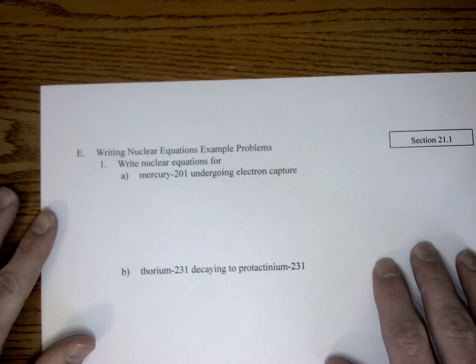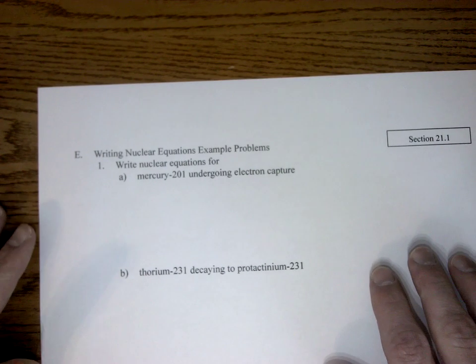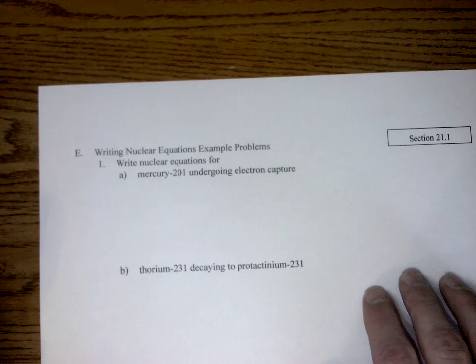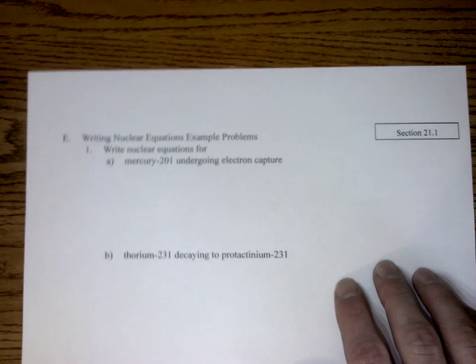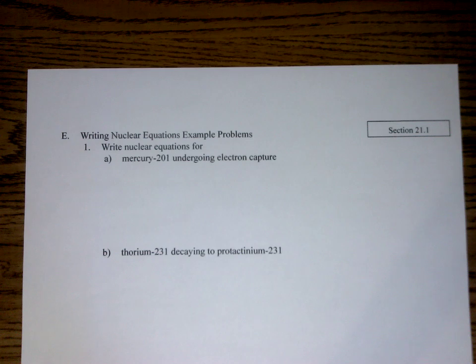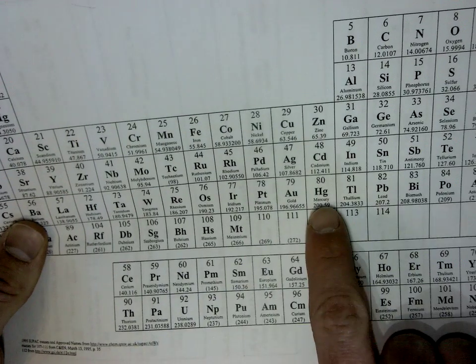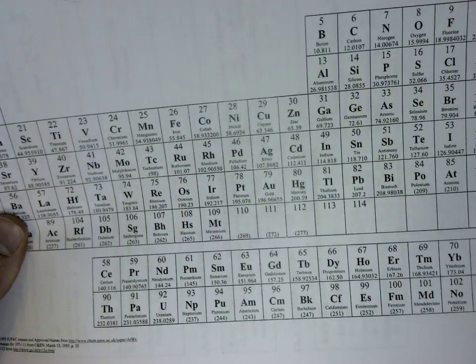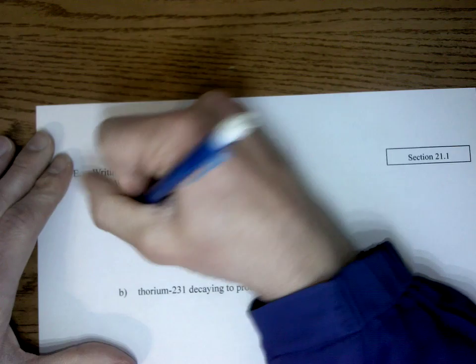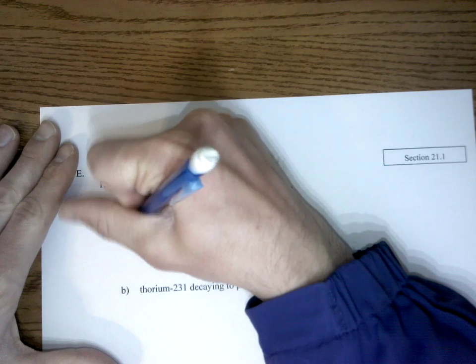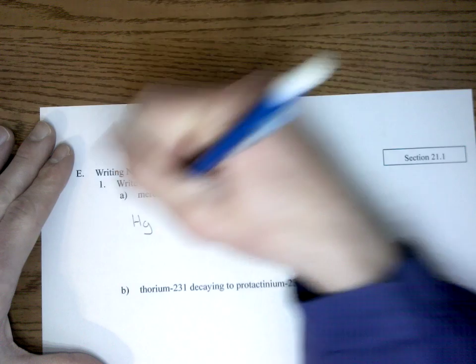All right, so we have mercury-201 undergoing electron capture. So we have to, again, identify the symbol for mercury. So mercury-201, we find mercury, and check it out. It has a symbol Hg and an atomic number of 80. So what we do here is this.